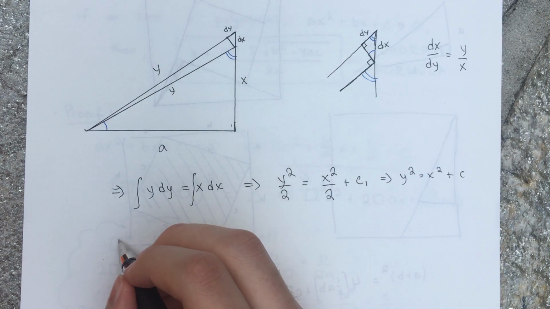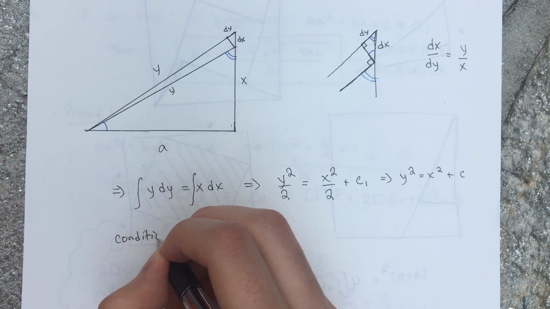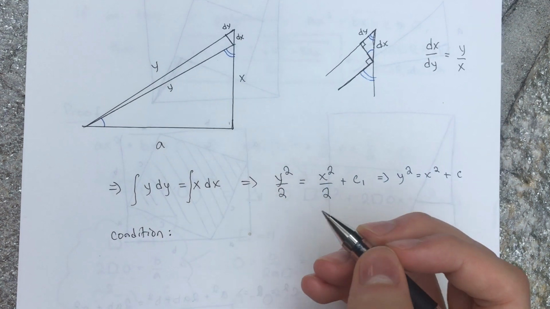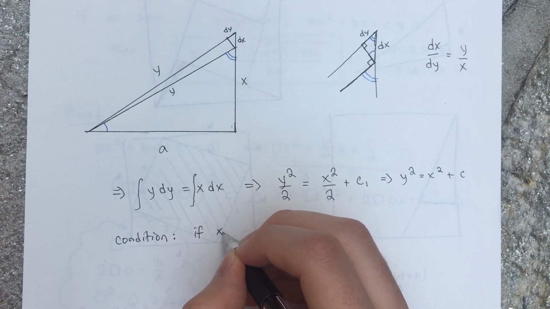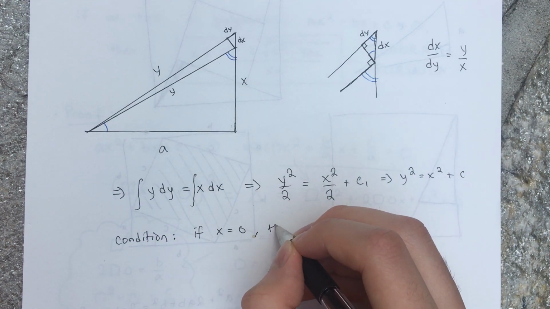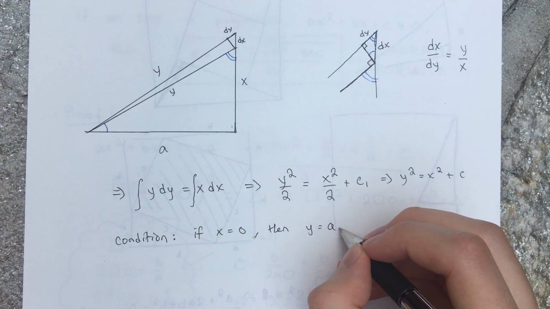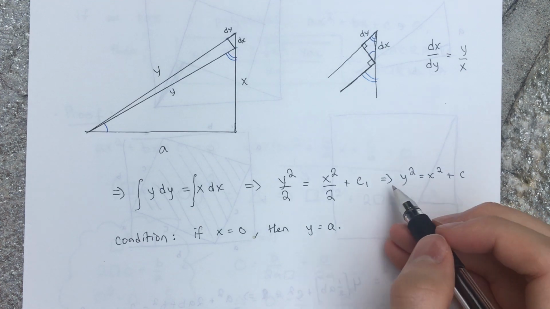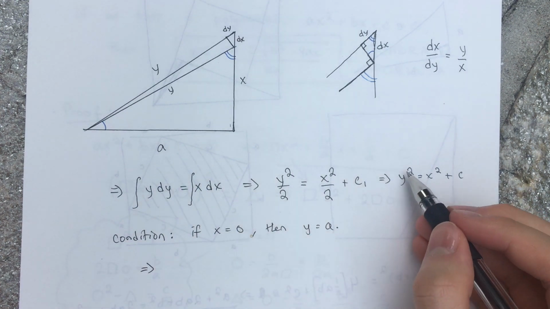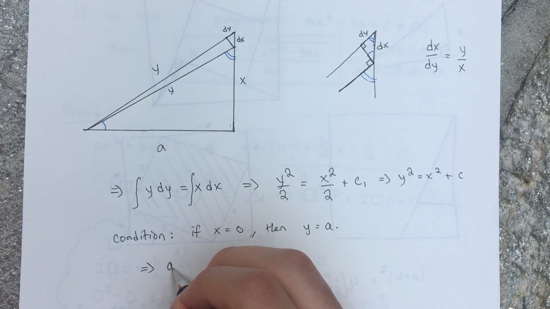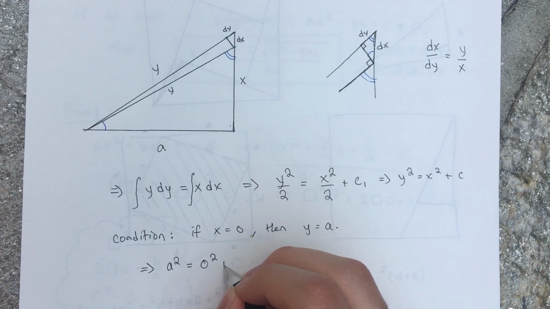So we can actually say, as a condition, we have if x equals 0, then y equals a. And of course, with this, we can solve the equation. By plugging y equals a, we'll get a squared, and x equals 0, 0 squared plus c.